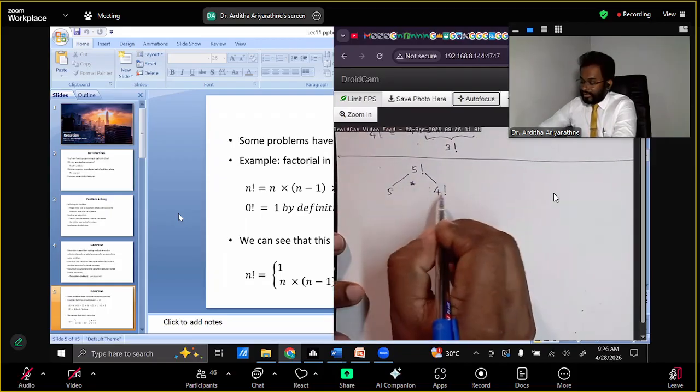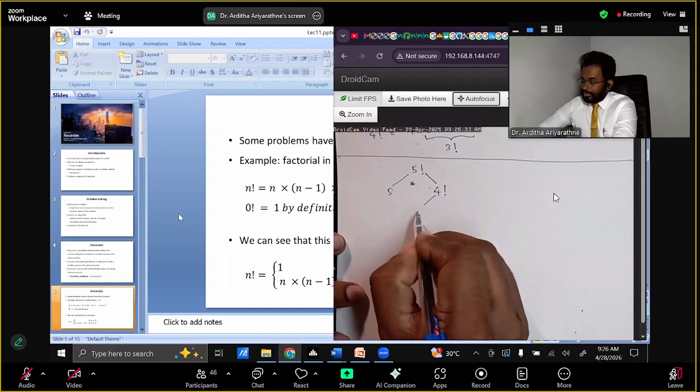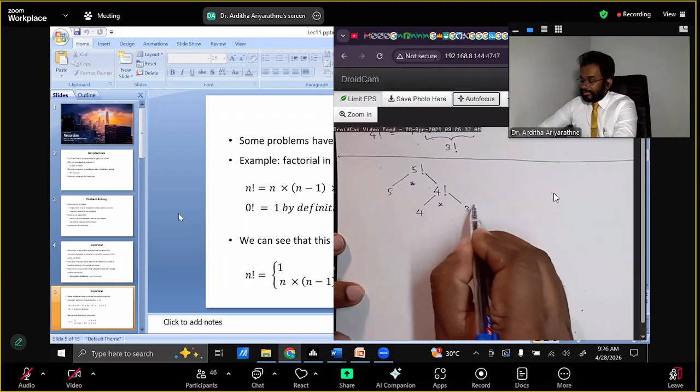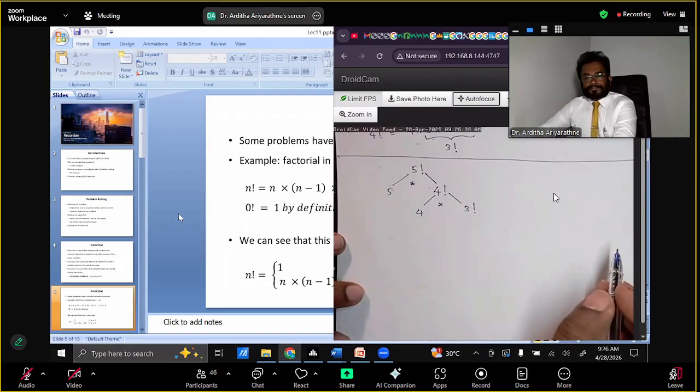Then what is factorial 4? 4 multiplied by factorial 3. Right?